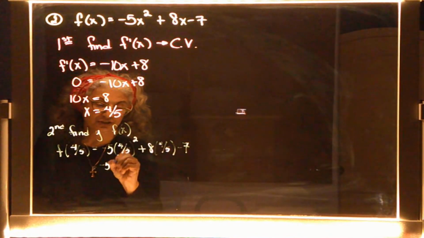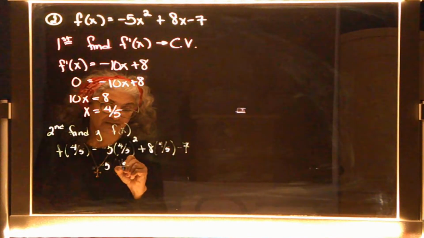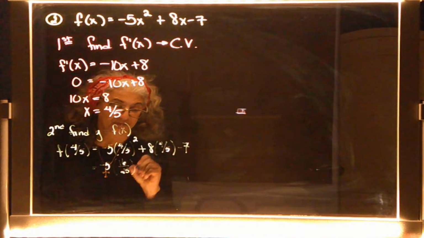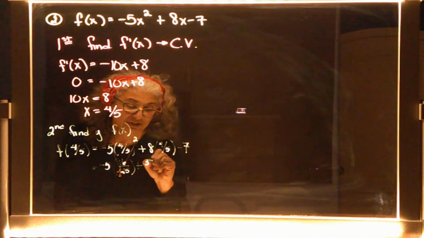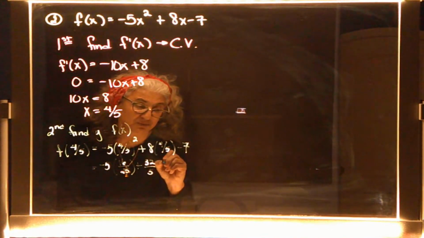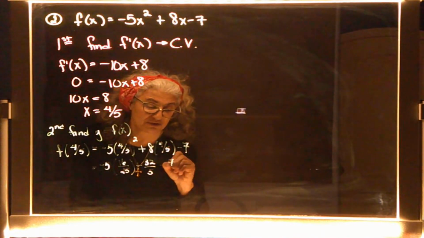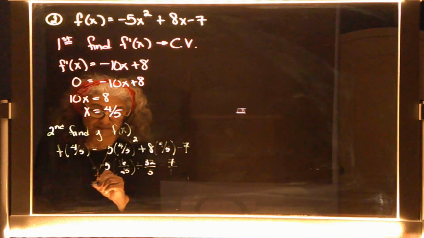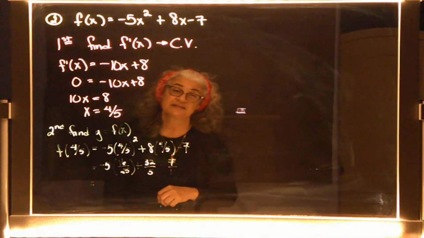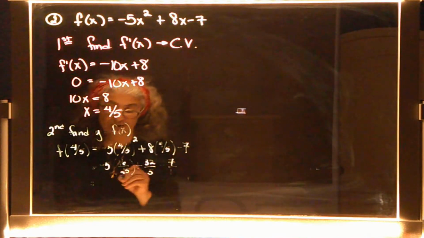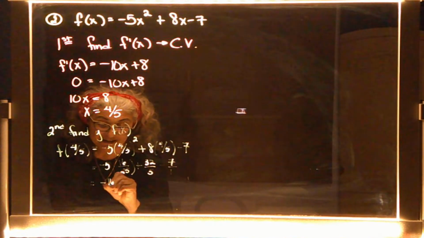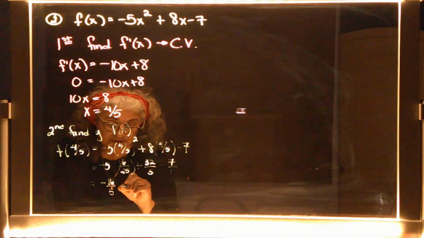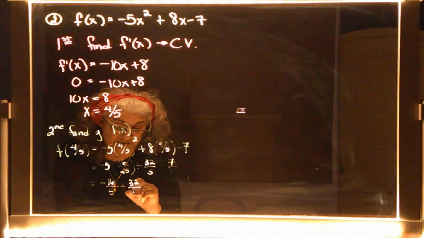First thing you're going to do is square that, which is 16/25, right? And then 32/5, because when you multiply, minus 7/1, right? That 5 and 25 cancel, don't they? Good, so I have a negative 16 over 5 plus 32 over 5.